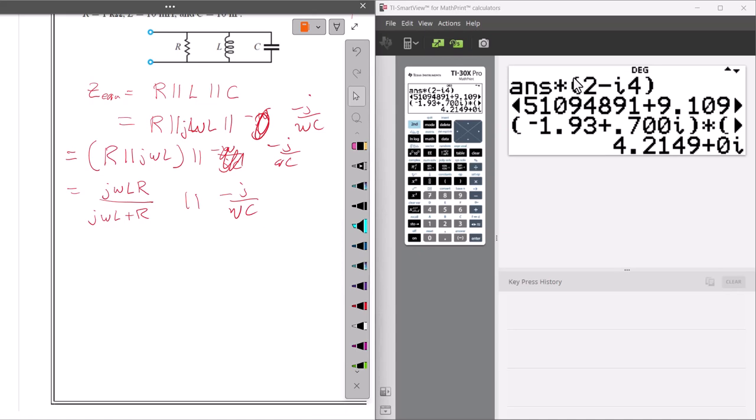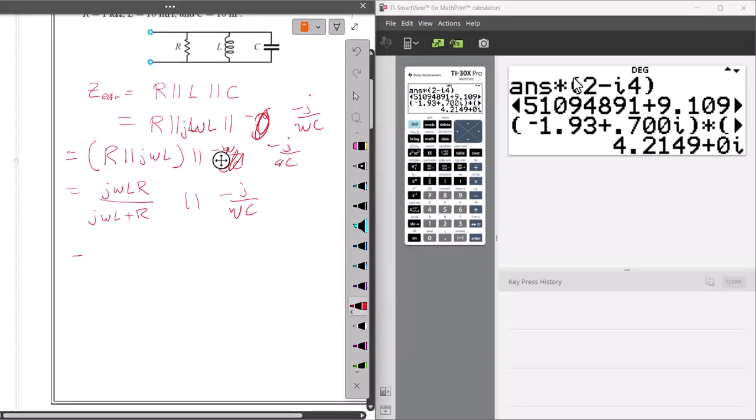So now we need to have these two in parallel. We'll have product over sum again.